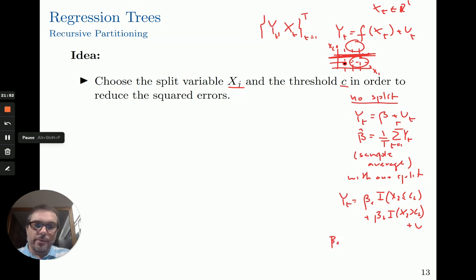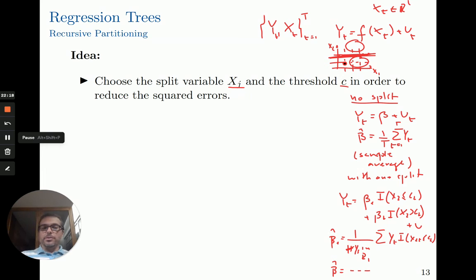How do we estimate beta 1? Beta 1 is just the sample average of the y's in region 1, so we take y_t times the indicator that x2t is less than C2. We take the sample average here, and beta 2 in the same way. So we compute local averages.